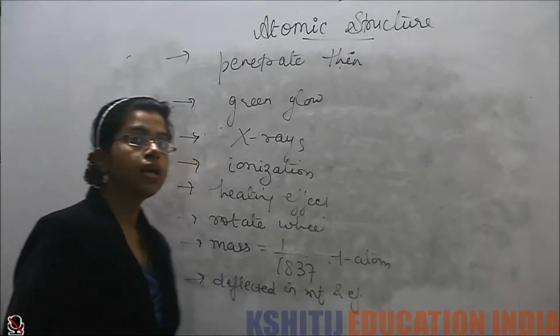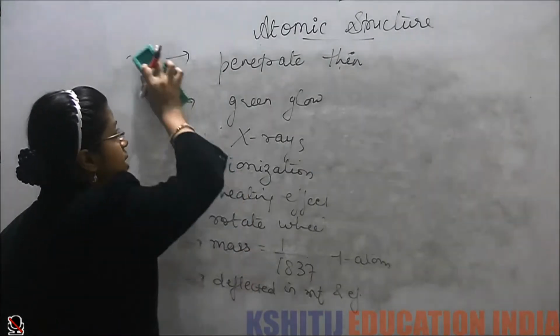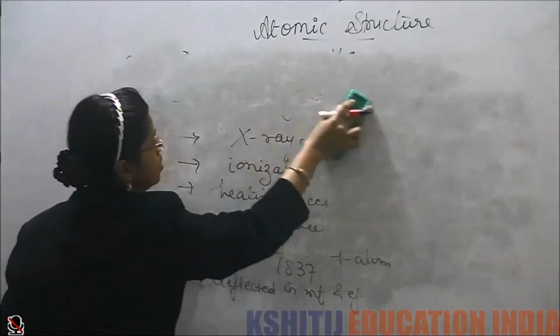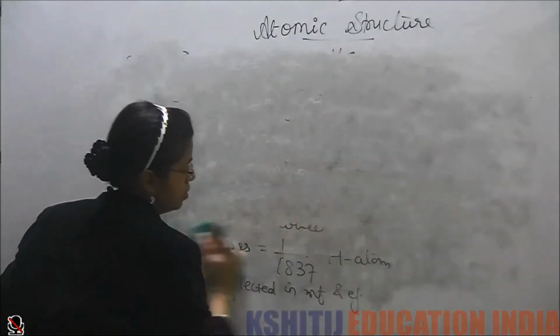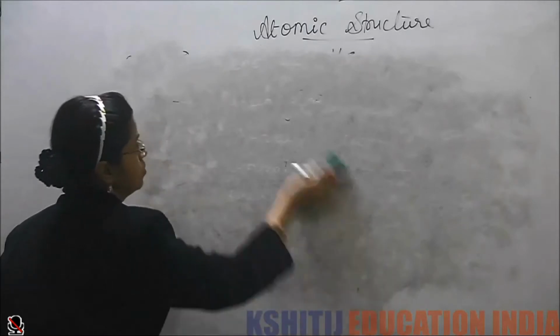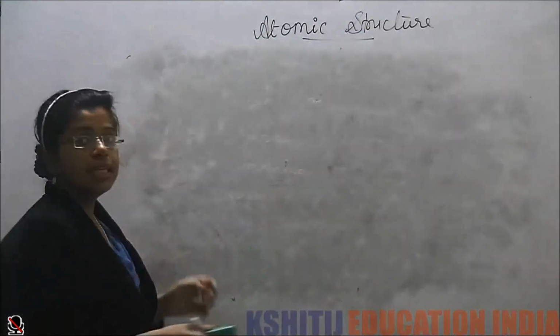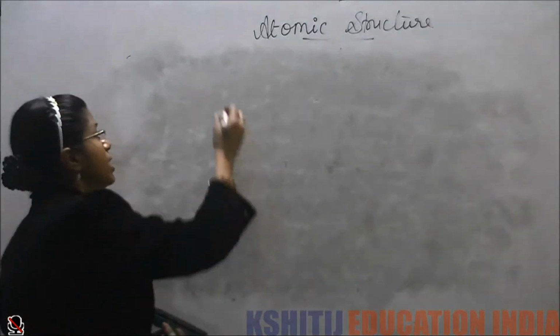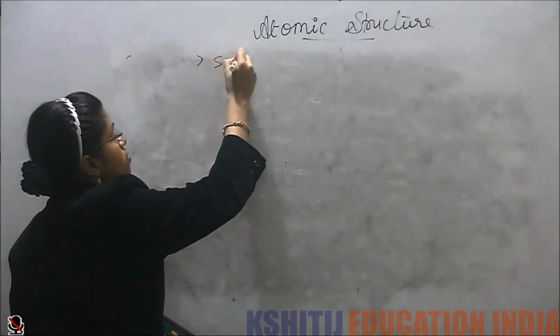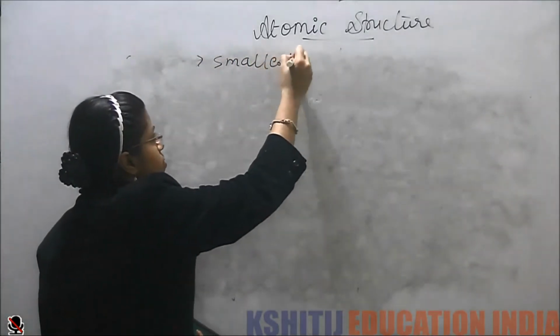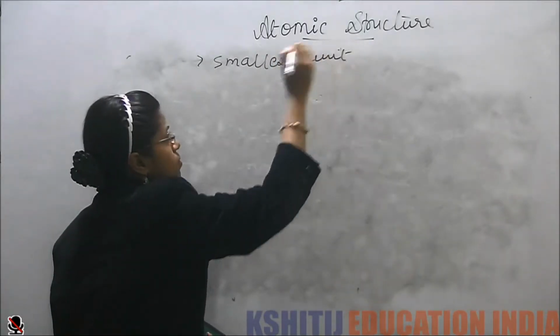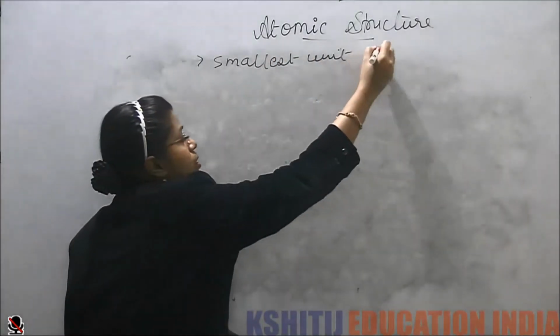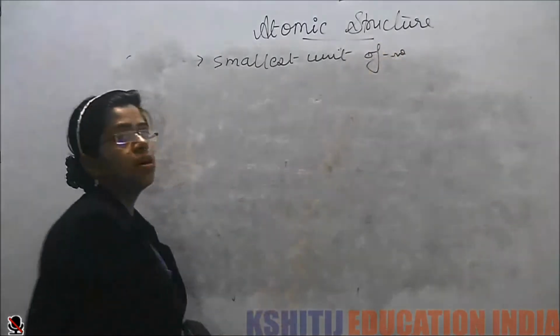Okay? Next property is that these cathode rays contain the smallest unit of negative charge. Okay?